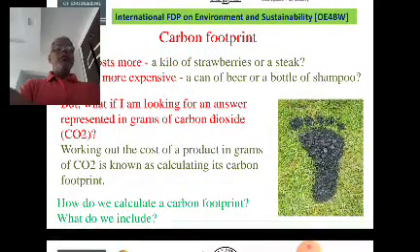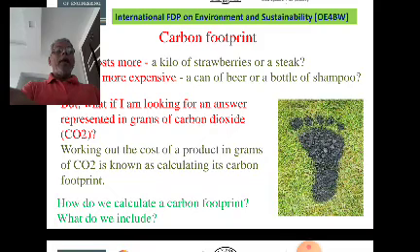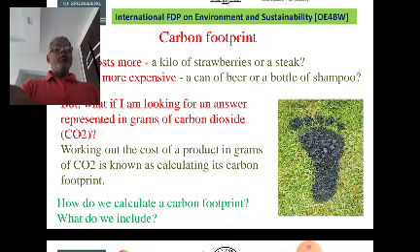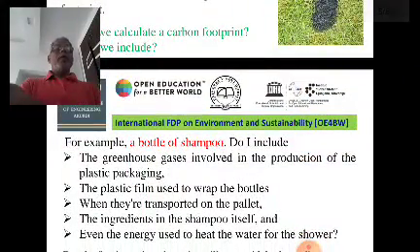This is a somewhat difficult answer because in general, the normal public doesn't know how to calculate a carbon footprint, or what this cost includes exactly. So let's take the example of a bottle of shampoo.